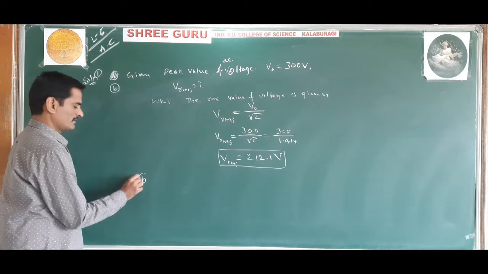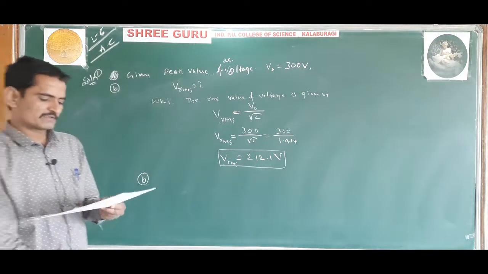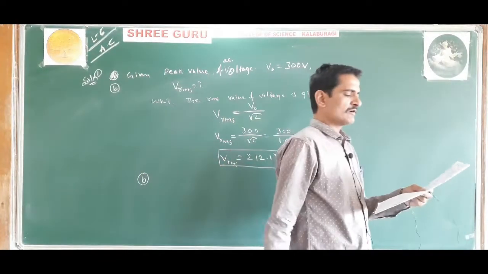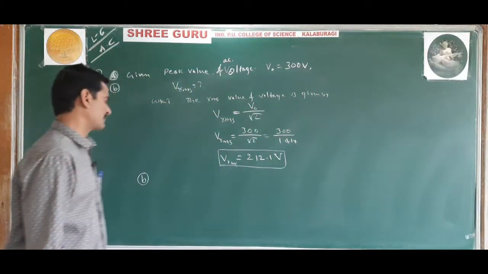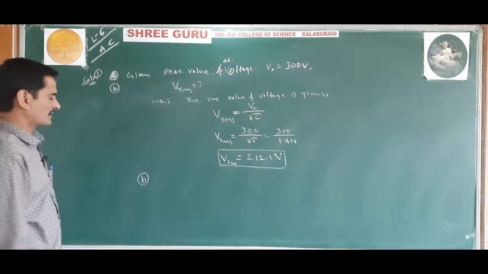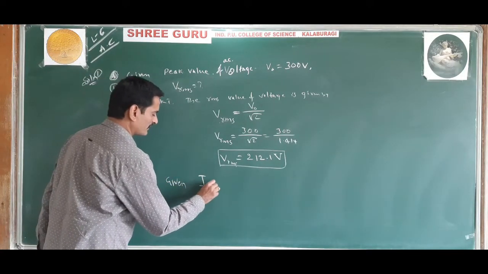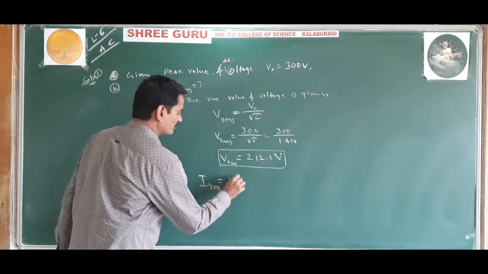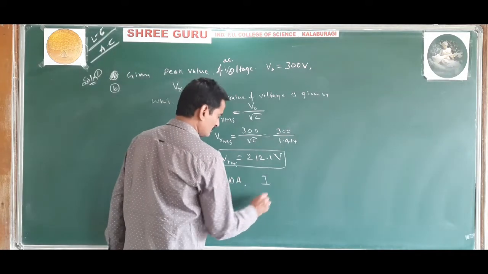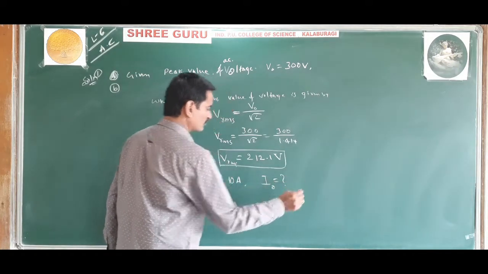And B. Read the question. The RMS value of current in an AC circuit is 10 ampere. What is the peak current? So given is the RMS value of current, that is IRMS is equal to 10 ampere, and they are asking the peak value, that is I0 is equal to question mark.